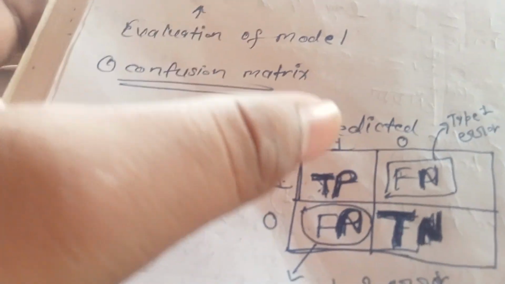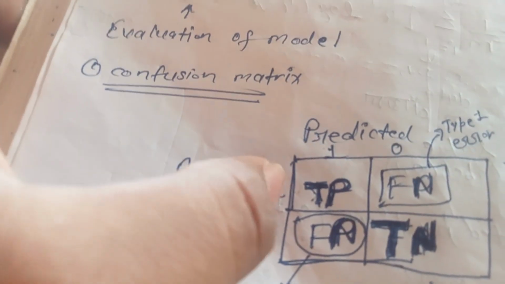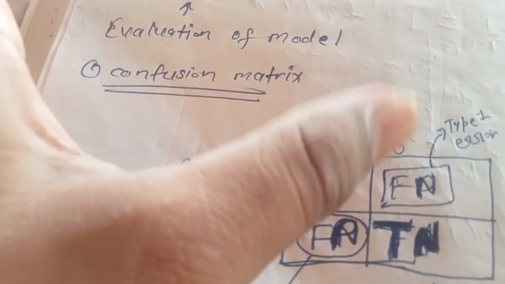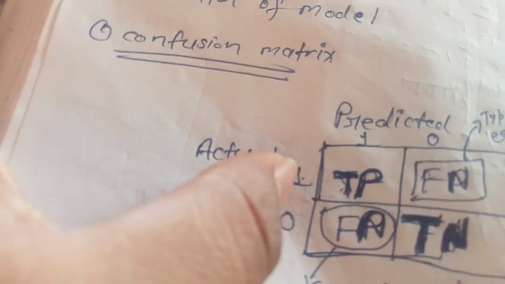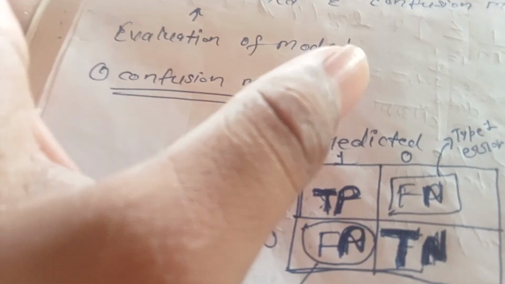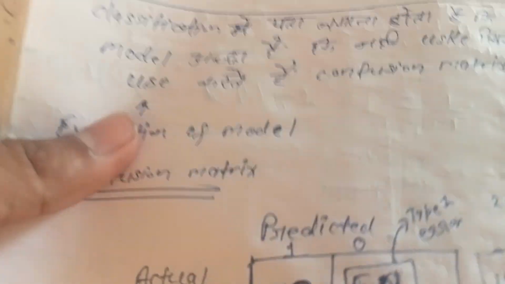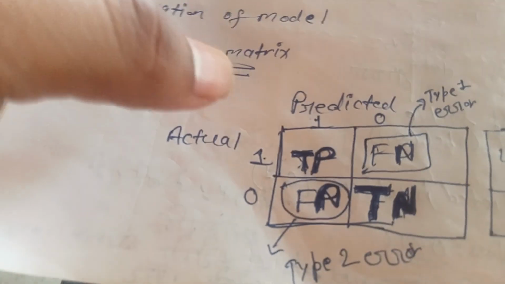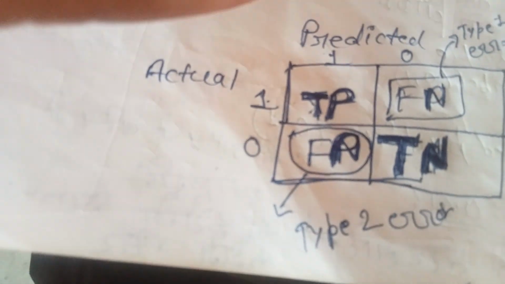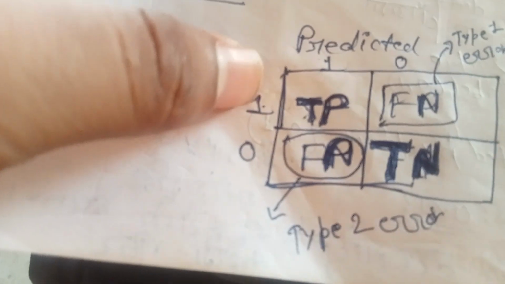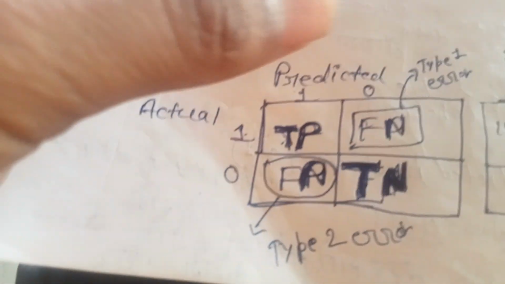So this is a true positive. This is really nice. And if I have actual 1 and predicted 0, then this is a false negative, means actual 1 and predicted 0. Okay, if you have actual 1 and predicted 0, means सच में था, और प्रेडिक्टेड क्या हुआ कि नहीं था.